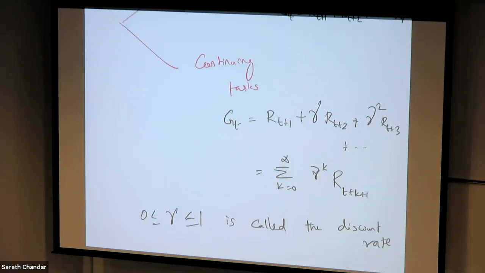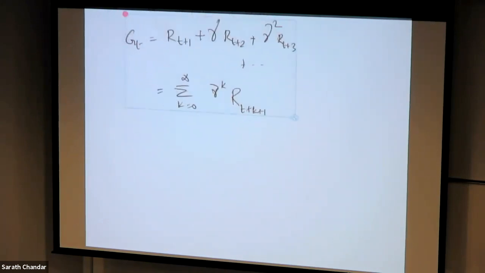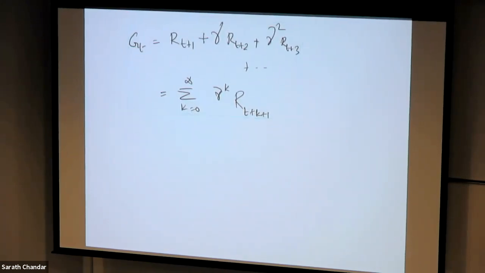Okay, so now there is also another recursive way of writing this. Let's look at that because we are going to use it in a lot of places today. So let's take GT, which is basically RT plus 1 plus gamma times RT plus 2 plus gamma square times RT plus 3 plus gamma cube times RT plus 4 and so on, right?